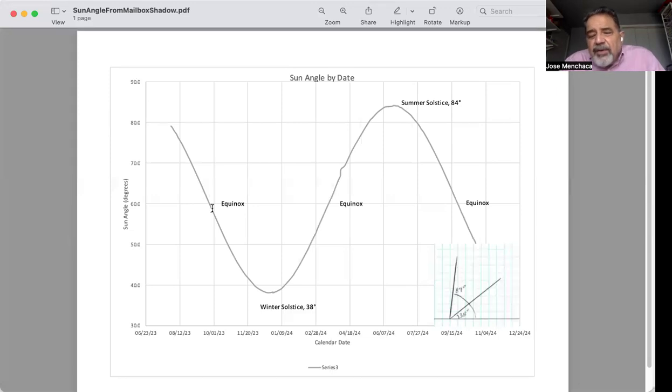At the winter solstice, it's at 38 degrees. And you can see from this little graphic what kind of an angle 38 degrees is. It's much lower towards the horizon compared to the 84 from the summer solstice. The winter solstice is quite an angle.